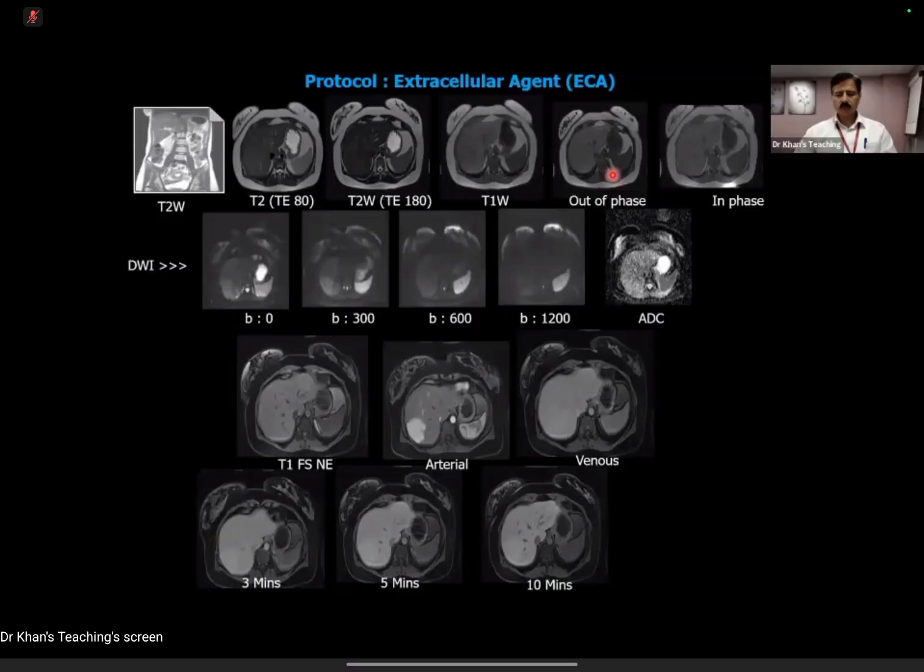So in your exam, you have to develop your eyes to pick up that this is an opposed phase. I will show you later on how you see that this is an opposed phase. Basically, on this opposed phase, there is an artifact, we call it etching artifact, also known as India ink artifact. This is a very small image, so you are not able to see it, but I'll show you again, where you will see a black line around the viscera.